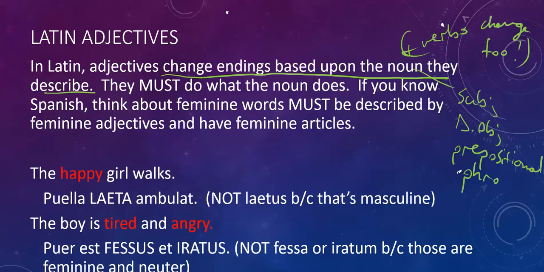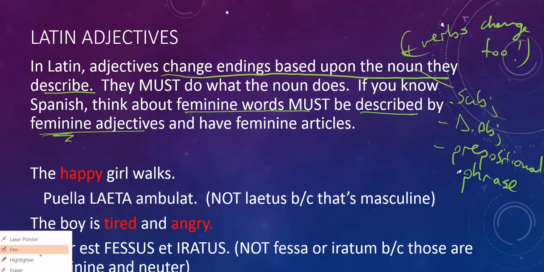An adjective describing a noun in any of these places in a sentence must do the same thing. Also, if you know Spanish, think about feminine words and how any adjective describing a feminine noun must also be feminine. The short of it, adjectives must do what the noun does.